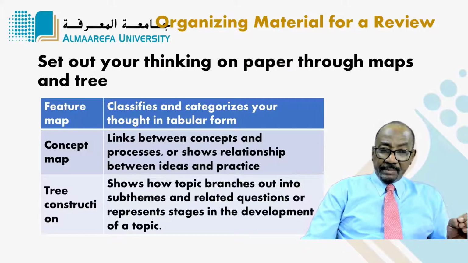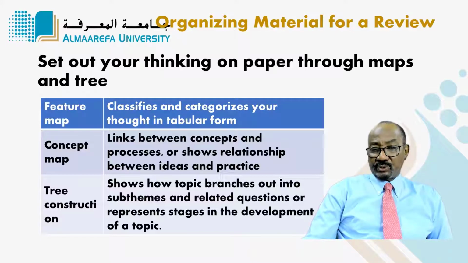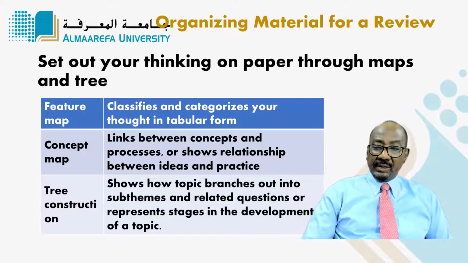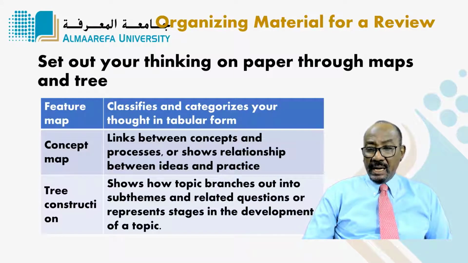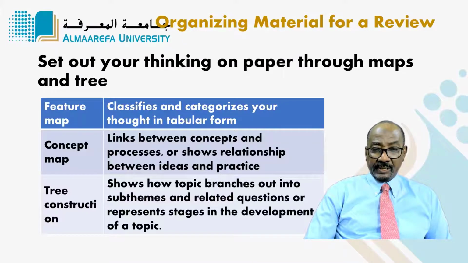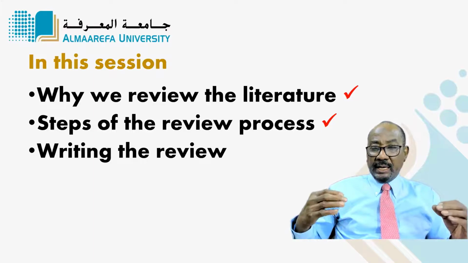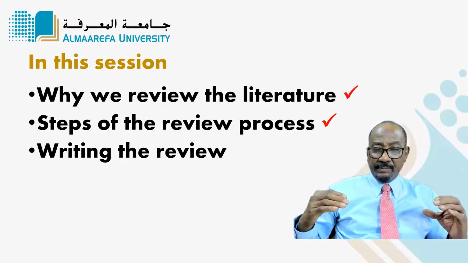The concept map links between concepts and processes, or shows the relationship between ideas and practices. A tree construction shows how topics branch out into sub-themes and related questions, or represent stages in the development of a topic.